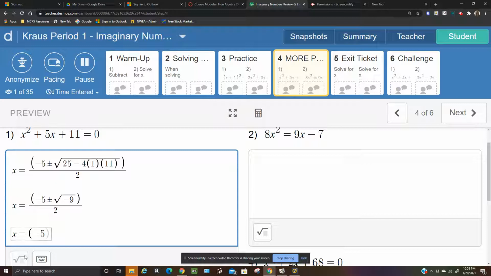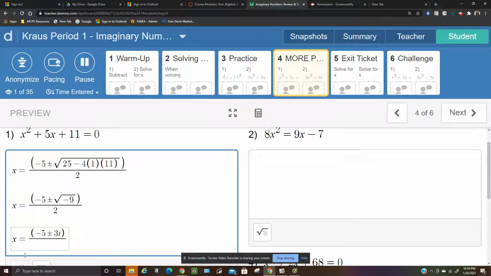So negative 5 plus or minus 3i divided by 2.